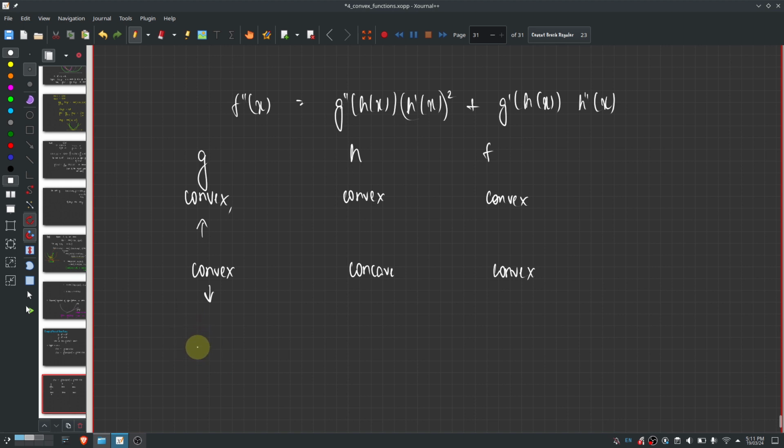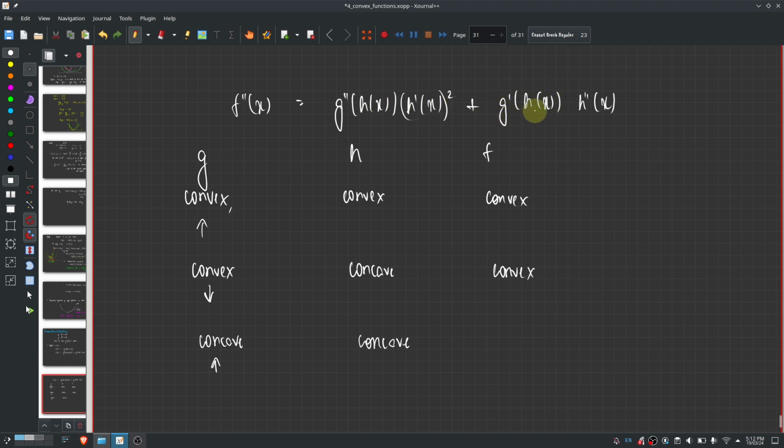Now what if g is concave? Suppose g is concave and increasing, and h is concave. Then this quantity is negative, right?